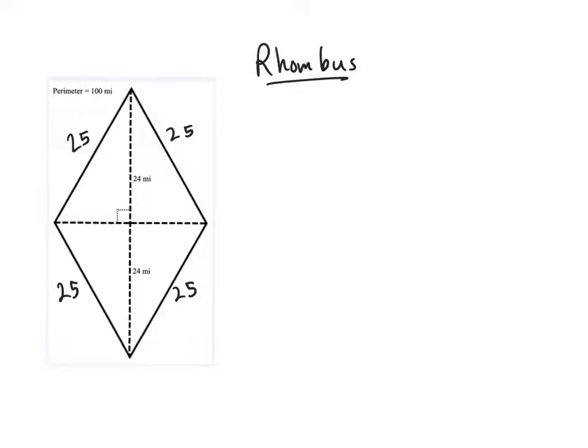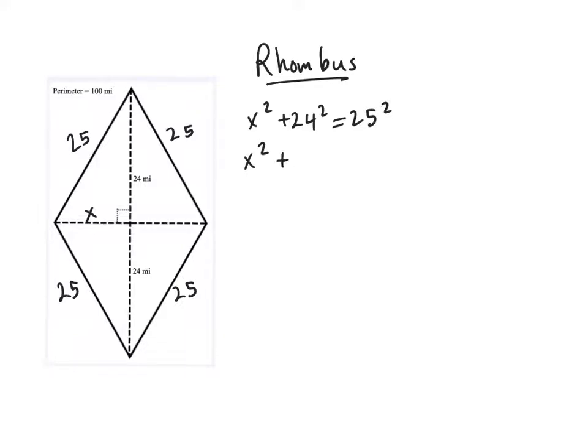So, because the diagonals of a rhombus are perpendicular, we can use Pythagorean theorem to find half of the shorter diagonal. X squared plus 24 squared equals 25 squared.